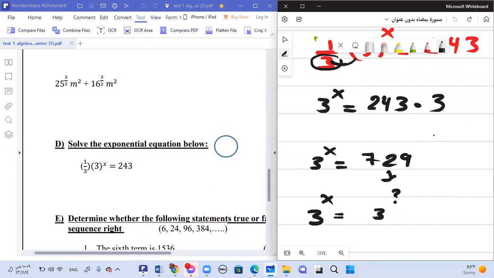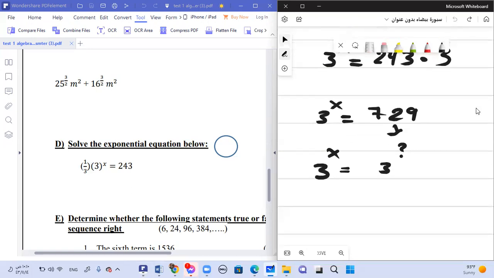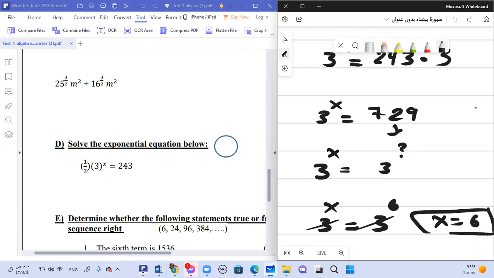Okay, use the calculator. 3 power of 4 does not give me 729. Use the calculator again, 3 power of 5 does not give me 729. 3 power of 6 gives me 729. Okay, so 3 power of x equals 3 power of 6. If the base is the same, then x equals 6. It is very important.